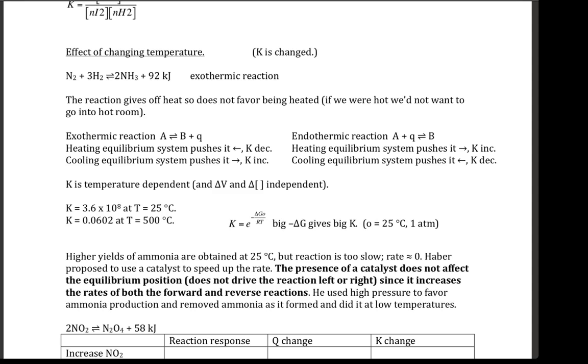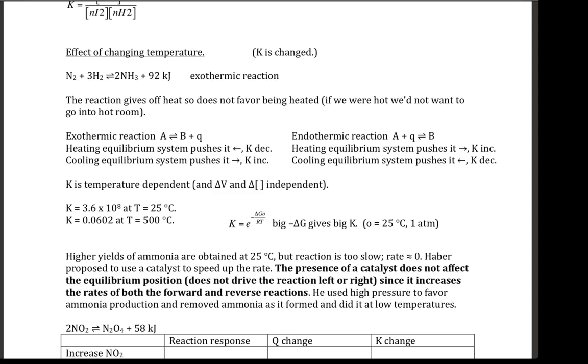Cooling this exothermic reaction is going to make it want to produce more heat. It's going to push it toward the heat side, and the numerical value of K increases.